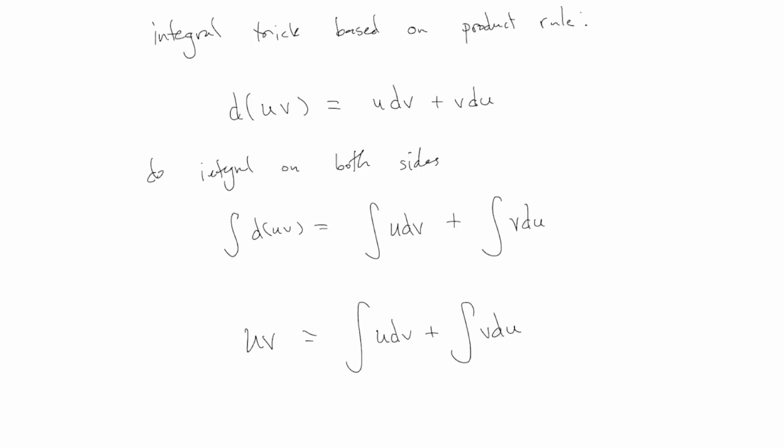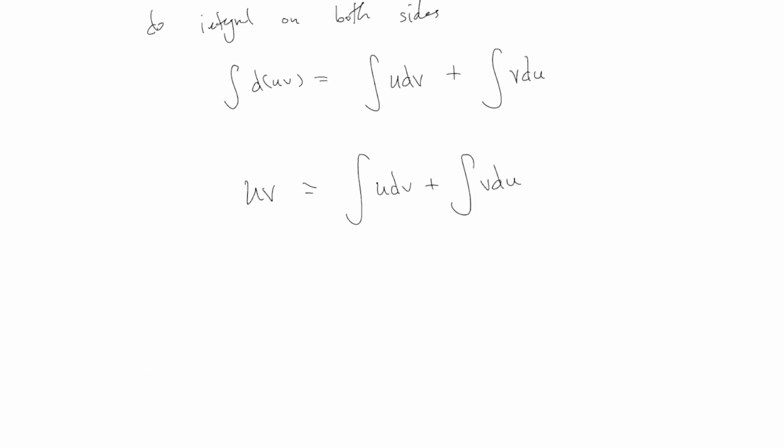And one last thing, I'm going to rearrange and put the integral of u dv on one side by itself. To isolate that, I would subtract the integral of v du. It says this: uv minus the integral of v du.